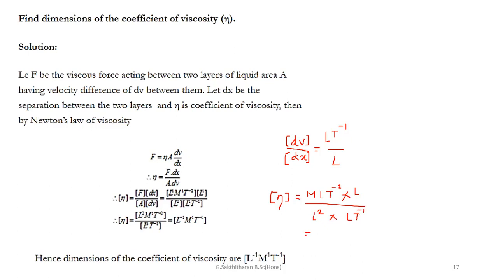So finally we can simplify this one. Here M, here L cubed over L squared, so L^-1. Here T^-2 and here T^-1. So this T^-1 going to the upside becomes T plus 1, so T^-1. So ML^-1 T^-1. Then the dimension of eta is ML^-1 T^-1.